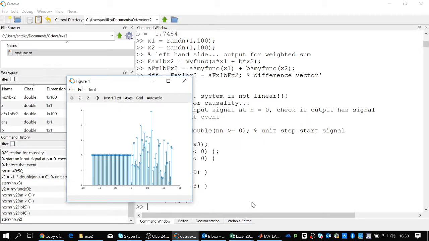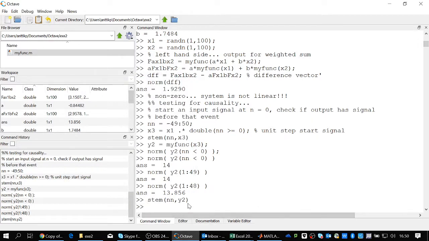So the system is not actually causal, since it has a constant output even before the input happens. So it's not causal either. Basically the test was this numerical testing, and this was correct.